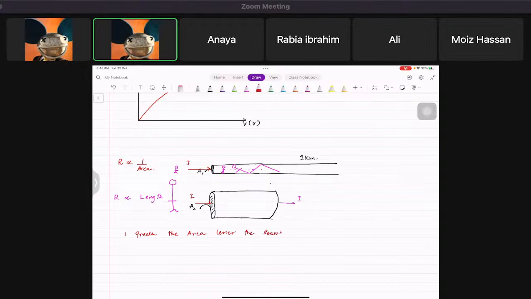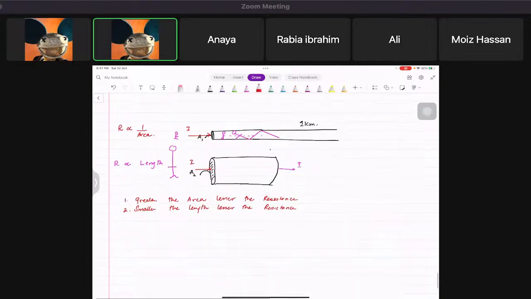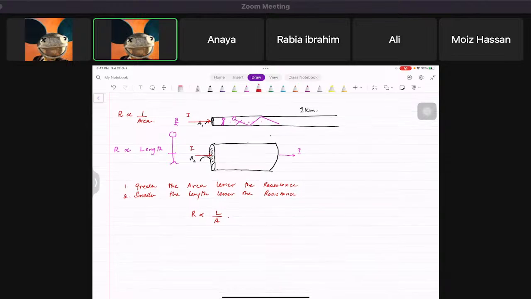I'm talking about the cross-sectional area. And two, smaller the length, lesser the resistance as well. If I combine these two things, resistance is proportional to length and inversely proportional to area. When I remove this proportionality, I have to put a constant, and this constant is rho, called resistivity.